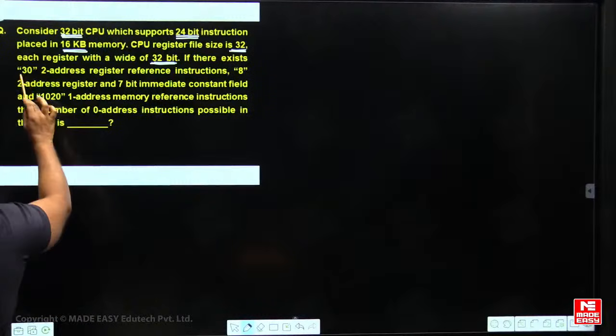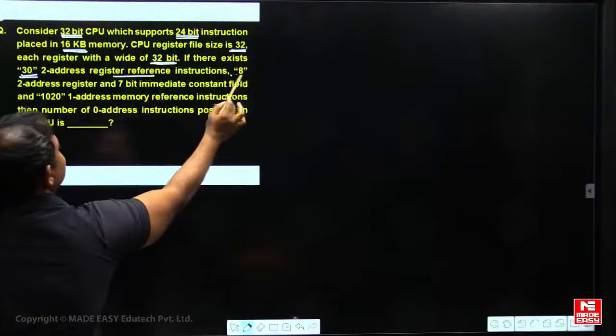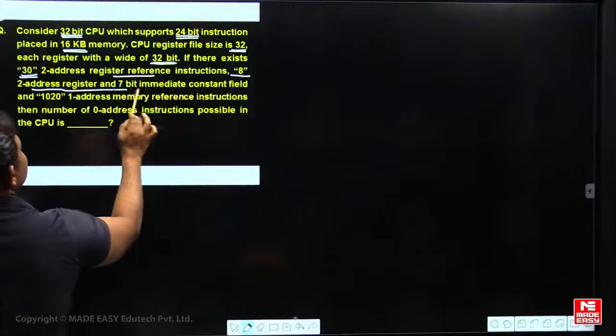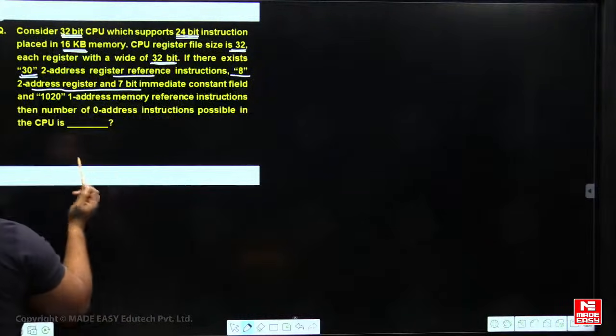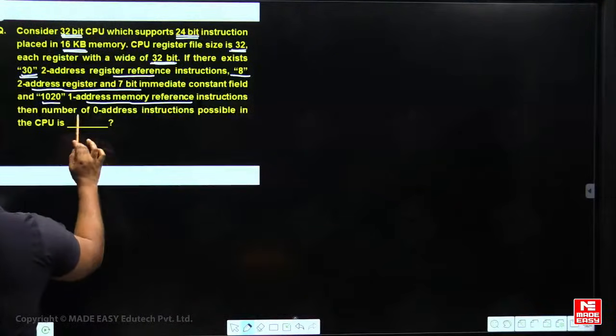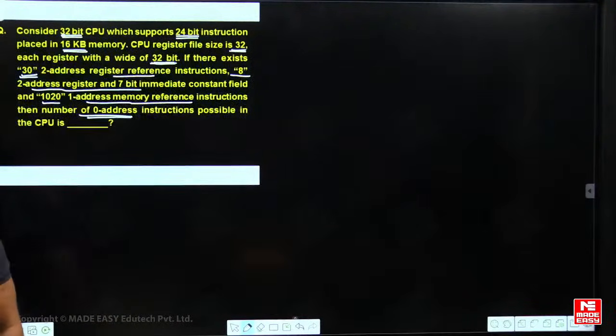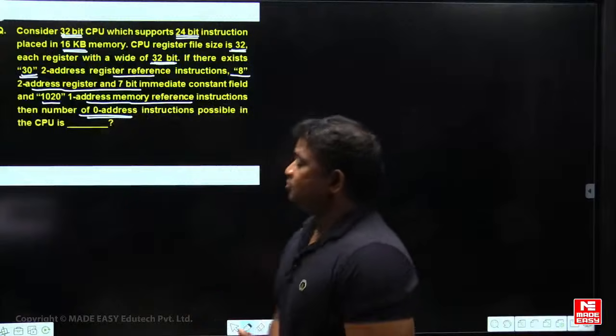If there exist 30 two-address register instructions, 8 two-address register and 7-bit immediate constant, 1020 one-address memory instructions, the number of zero-address instructions present in the system is what? Quickly solve the question.